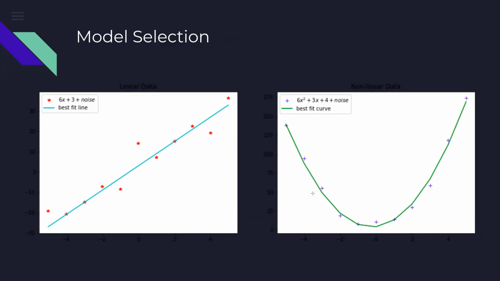Any kind of straight line that we draw here will lead to a large amount of variation, because it does not matter how you draw a straight line, the difference between the straight line and the actual observation, which is given by the cross here, would always be very high. Therefore it does not matter which line we draw, the errors would be very high. And how do we compute the errors?